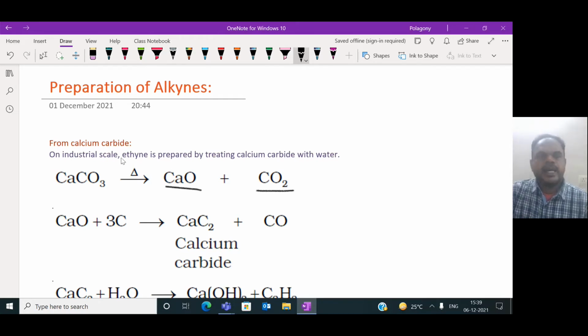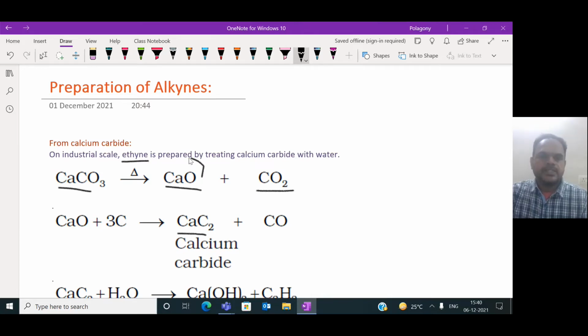Ethyne, a hydrocarbon, can be prepared from calcium carbide by reaction with water. But now let me tell how this calcium carbide is prepared. When calcium carbonate is subjected to calcination, we get CO2.